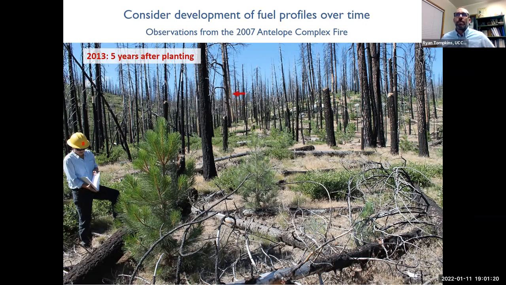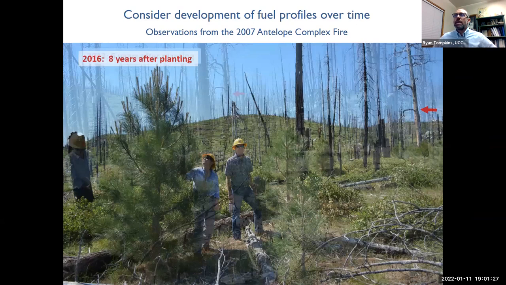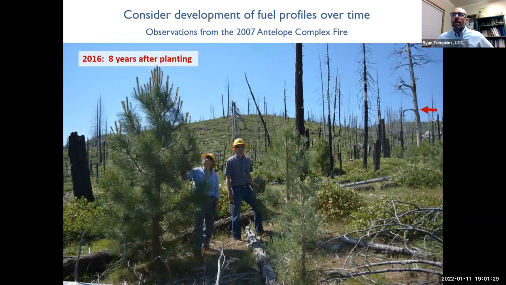And I want to draw your attention to that buckskin snag in the background with the red arrow. That's the same snag 8 years after planting. So you can just see how many snags had fallen in those 3 years. You can see more dead and down, readily available heavy and activity fuels on the site.